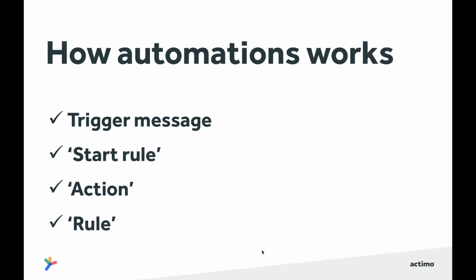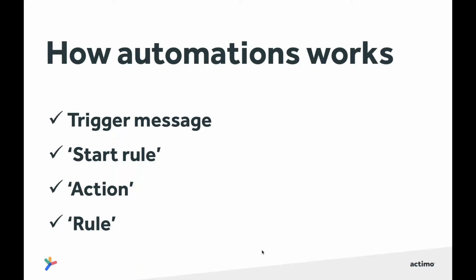Here the start rule would be the message is sent. I will show you in the platform in an instant, but you could also specify, for example, when a contact has been created from the selected trigger message, then trigger the automation. I will use that specific start rule to illustrate how you can sign up new people.